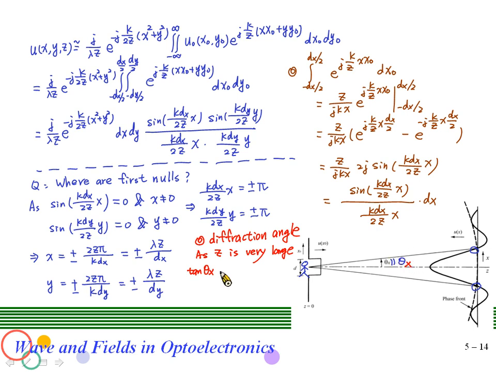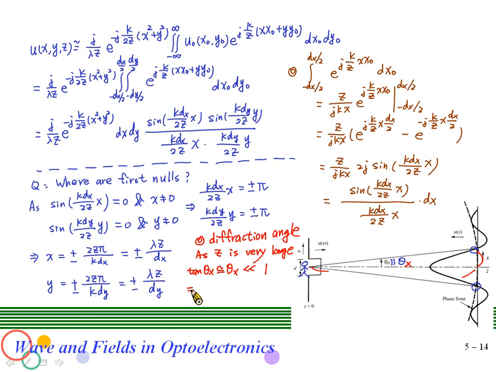So tangent theta x can be approximated as theta x. Okay, and this value will be very small compared to 1. So from the definition of the tangent theta x, we know that it will be the ratio of this one to this one.